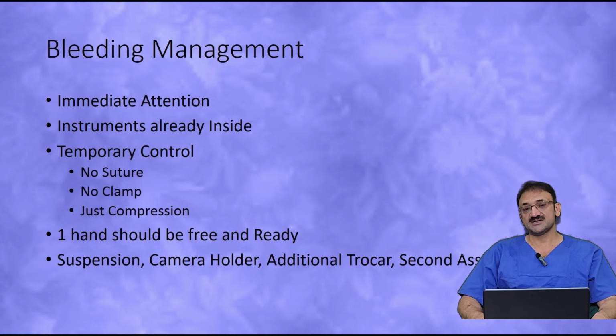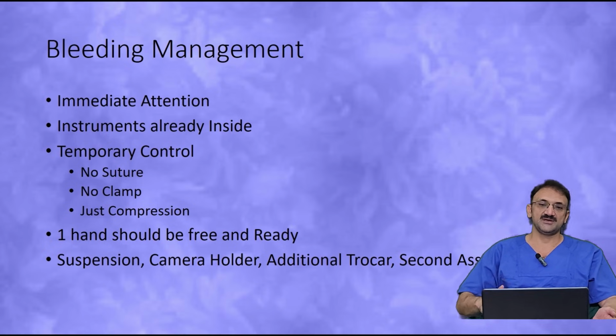Additional trocar is at times needed. It should always be kept in mind that placing another trocar, whether that is a 5 millimeter or a 10 millimeter, does not pose any significant difference to your procedure. It is just a small half centimeter or 1 centimeter incision. So just place it.